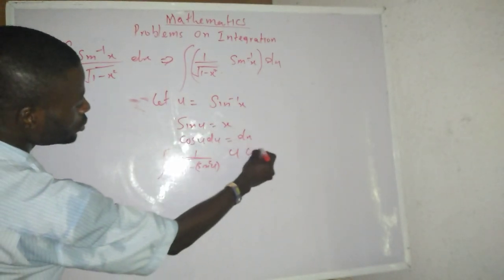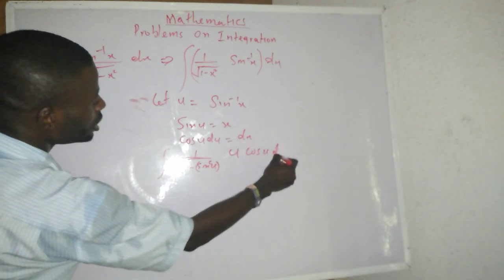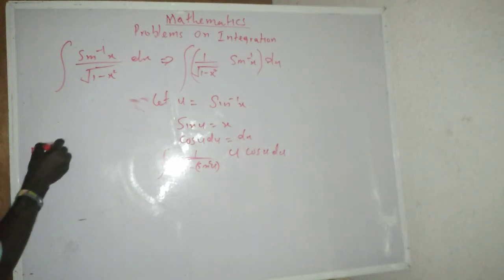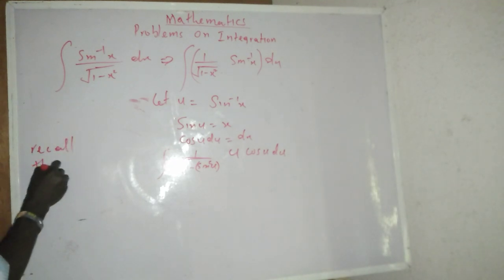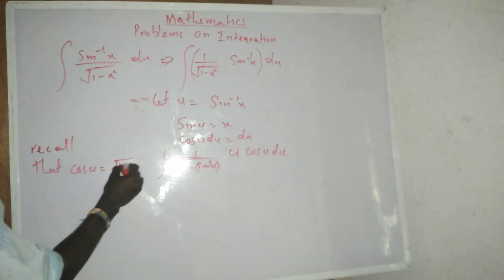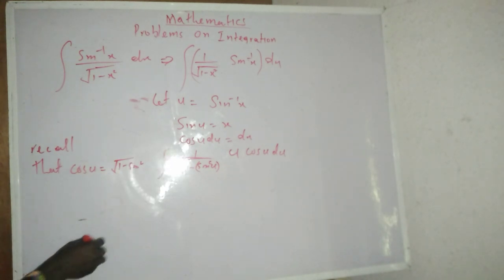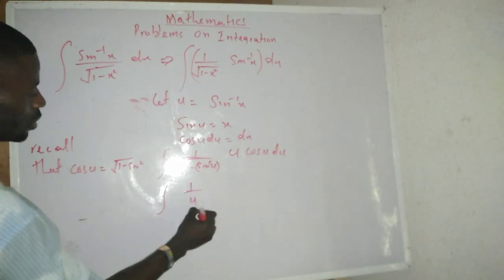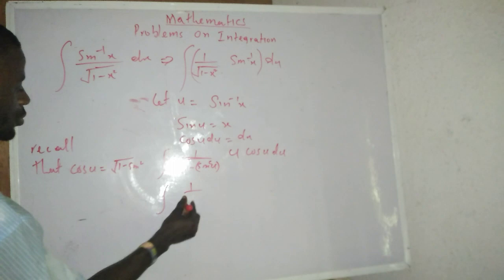My dx will be cos u du. Is there anything that can easily cancel out? Recall from trigonometry that cos u equals root of 1 minus sine squared u. Now, everything here becomes cos u, so I have the integral of 1 all over cos u, times cos u du.